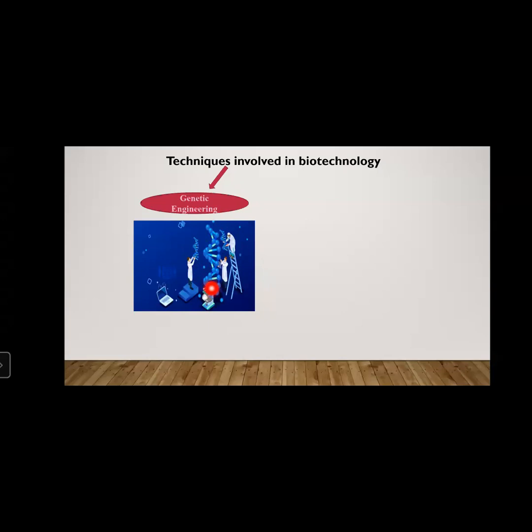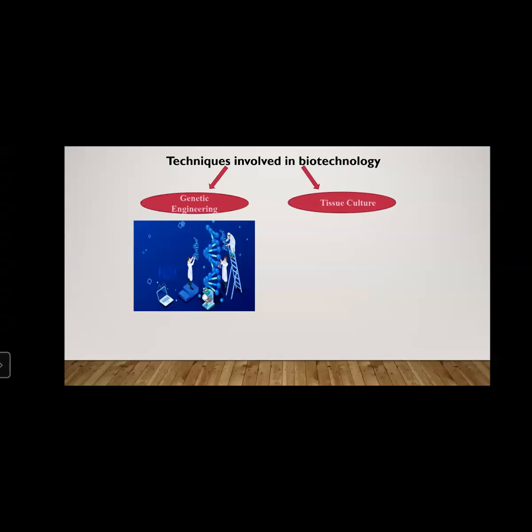So if we need to add some new character in the organism, or if we want to remove a defective character of the organism, it is all possible by the process of genetic engineering.